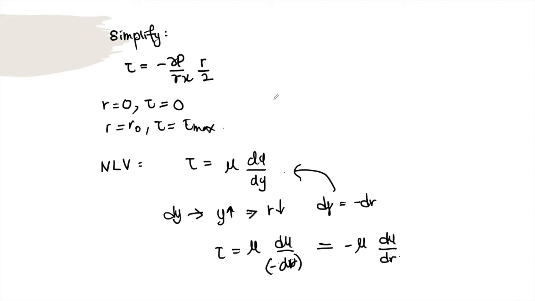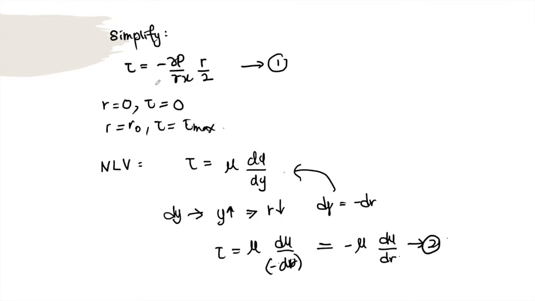So now I put it here as 1, and this is 2. Next, what we have to do is substitute 2 into 1, because here we have tau. Tau here is negative mu du over dy. So we substitute this equation into 1.